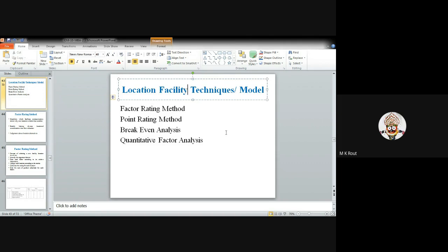The next is point rating method. The third one is break-even analysis. And the fourth one is quantitative factor analysis. I repeat, the first technique is factor rating method. The second is point rating method. The third one is break-even analysis. And the fourth one is quantitative factor analysis.